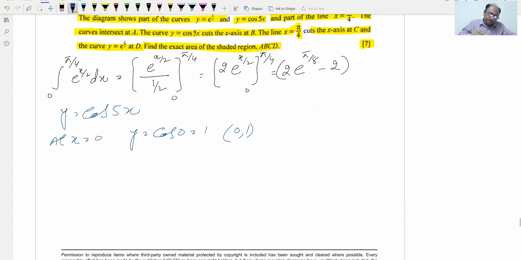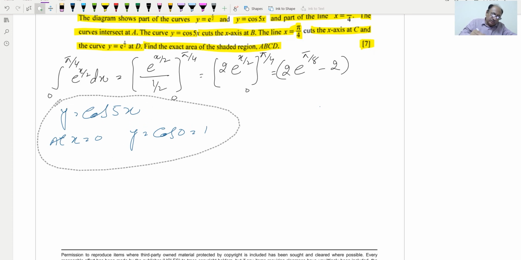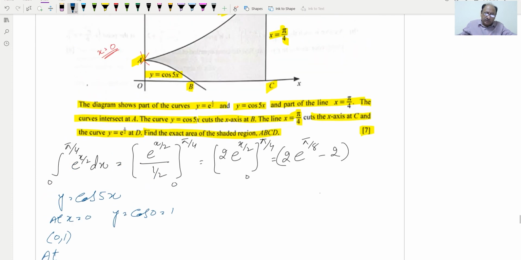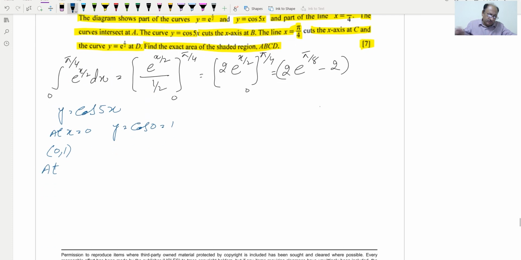Now this point I can mention over here. So I will shrink the size so that we can utilize the space also. The point I'm mentioning, 0 and 1, will be this one. Now at point B, y will be equal to 0.